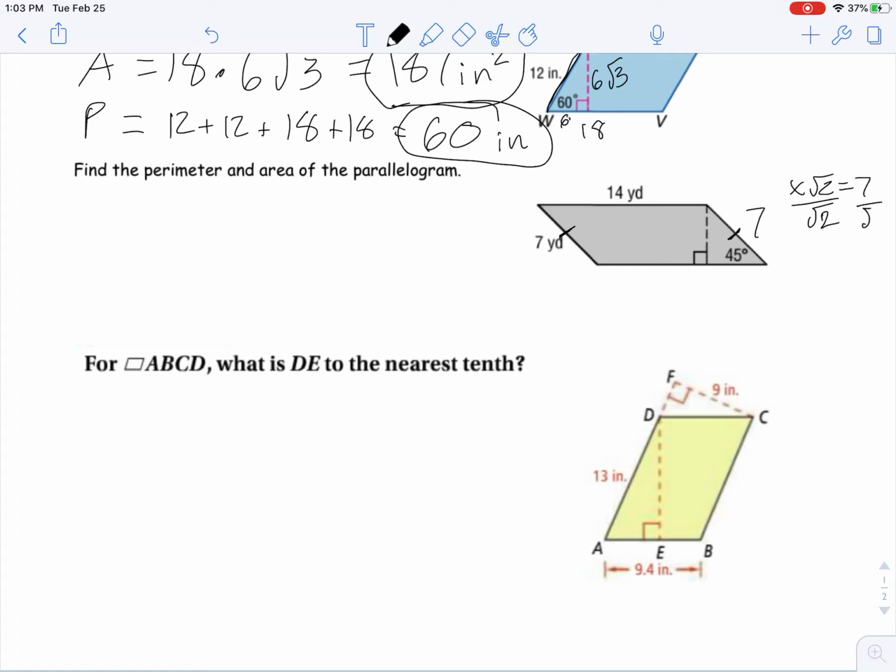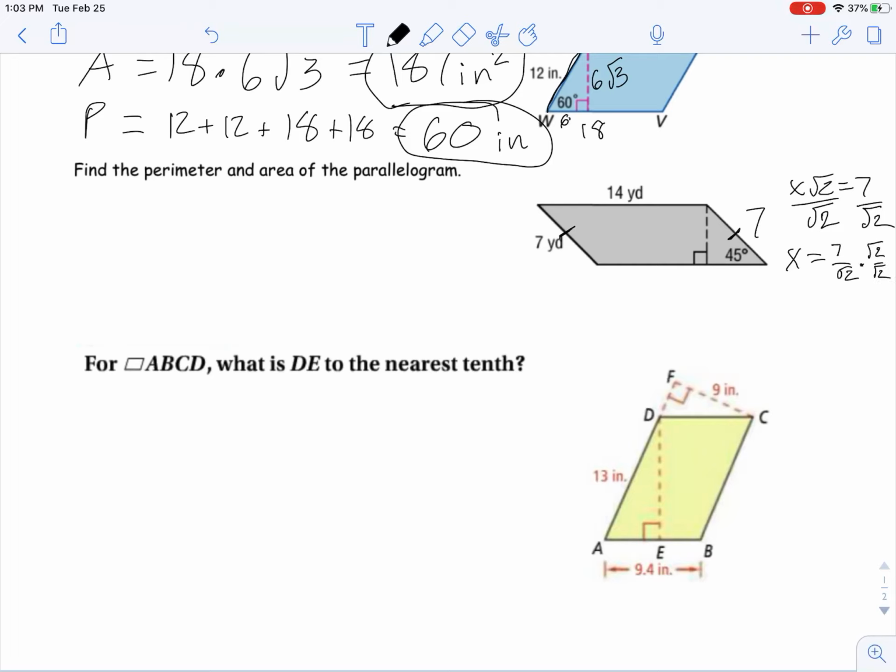Divide both sides by root 2. We would get x equals 7 over root 2. And I did tell you guys to rationalize this for the last test, so we might as well do it now for a little extra practice. Rationalizing means I've got to get that root out of the bottom.